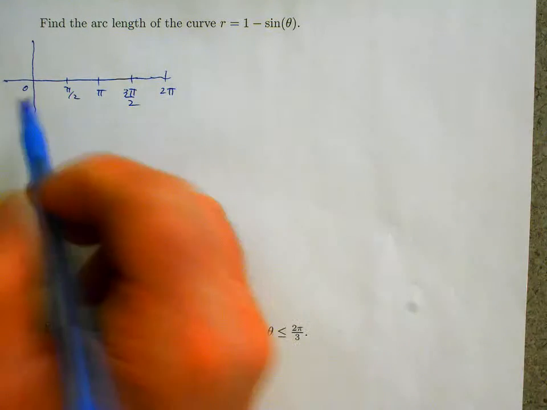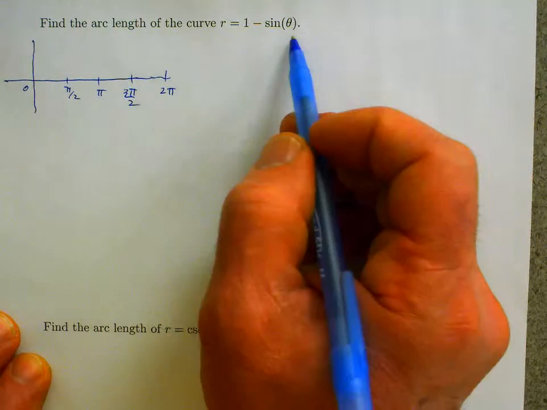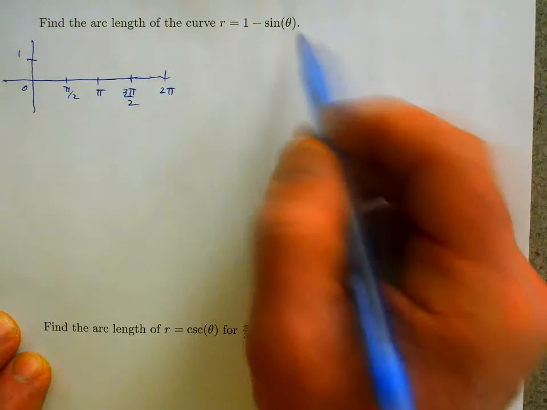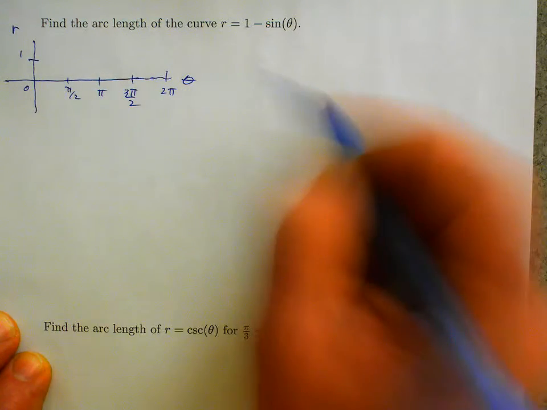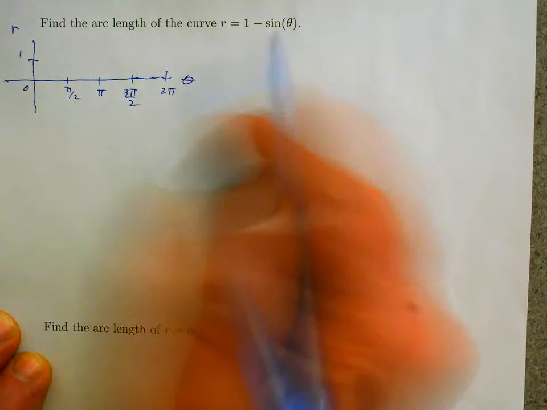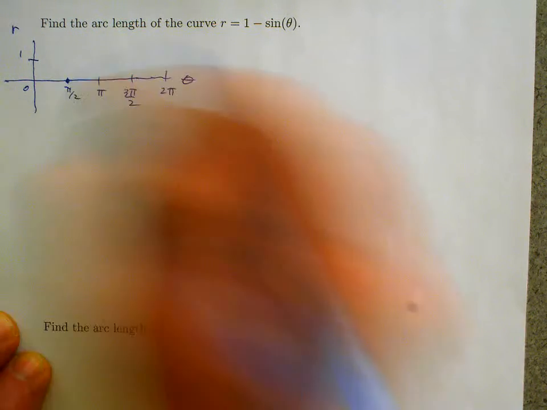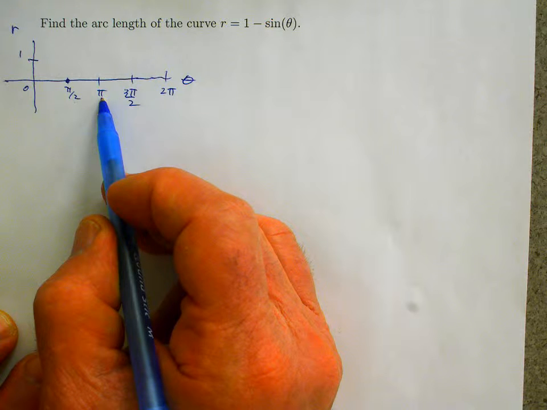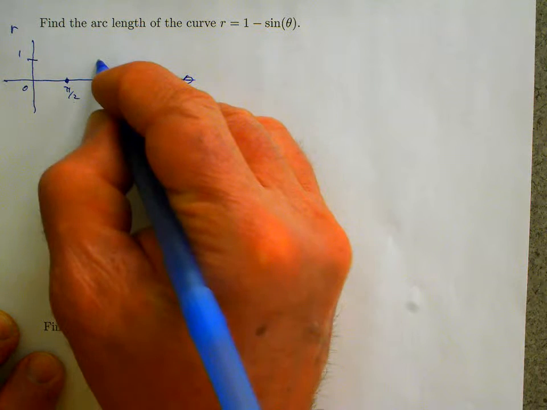So when theta is 0, r is 1. At pi over 2, sine of pi over 2 is 1, and 1 minus 1 is 0. Sine of pi is 0, so 1 minus 0 is 1.